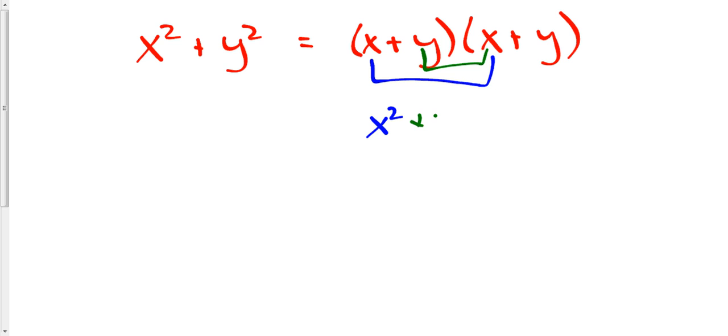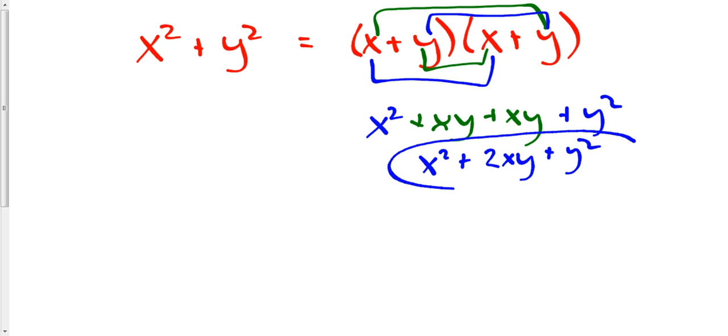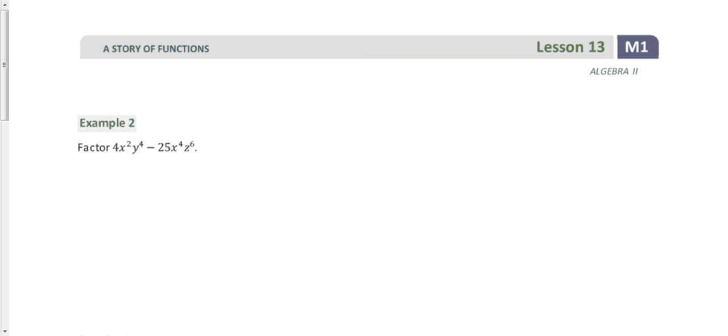Then xy, and plus xy, and then plus y squared. So what do I get, Andrew? X squared plus 2xy plus y squared. So is this equal to that? No. So do you see your folly? Call that Smithers' folly.